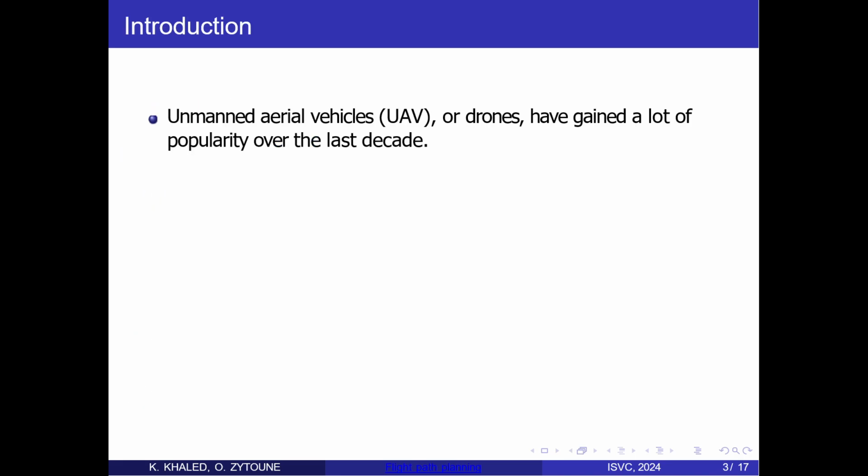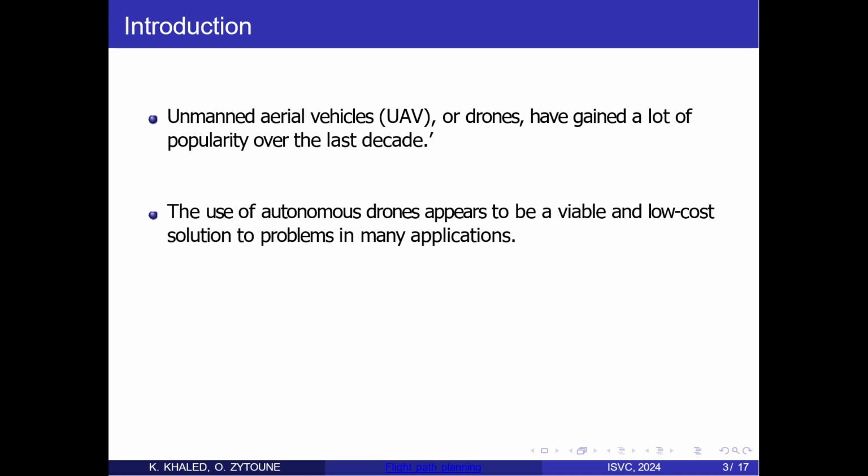Let's begin with an introduction to provide you with an understanding of the context and purpose of our research. Unmanned aerial vehicles, or drones, have gained a lot of popularity over the last decade. The use of autonomous drones appears to be a valuable and low-cost solution to problems in many applications.